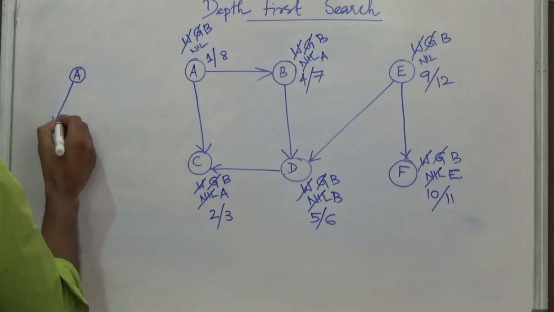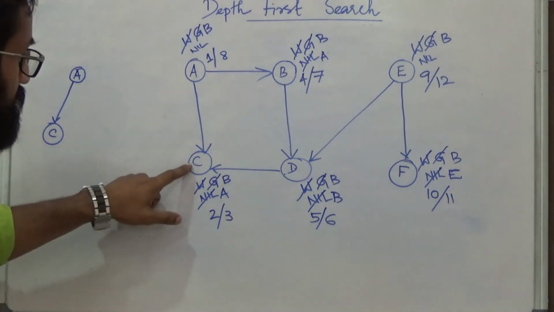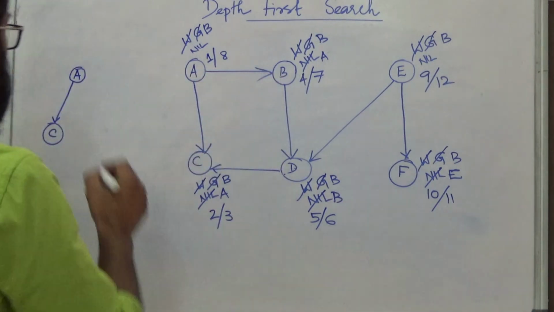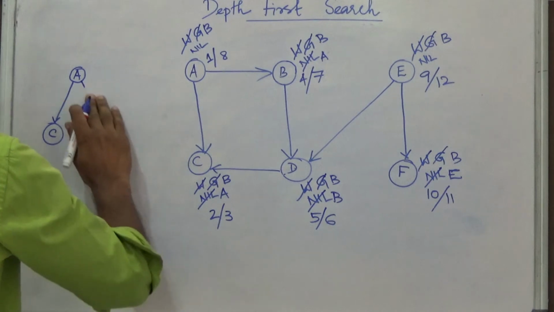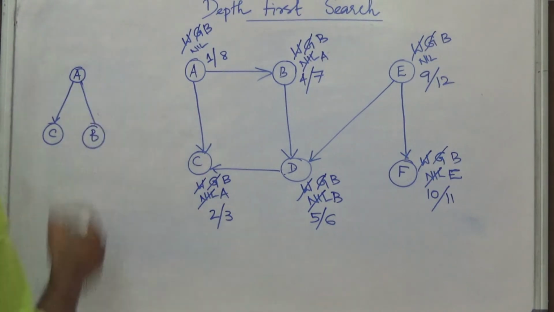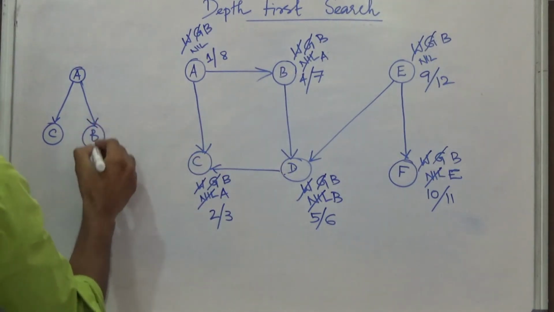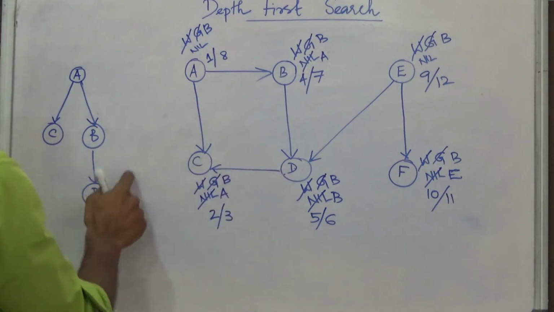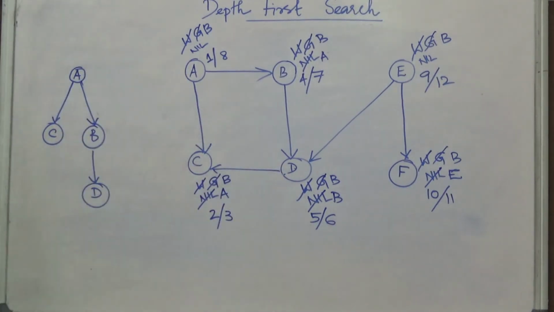From C, we backtrack to A, and from A, you have moved to B. Now from B, you have moved to D. From D, you have backtracked to B, followed by backtracking to A, and this algorithm terminates.